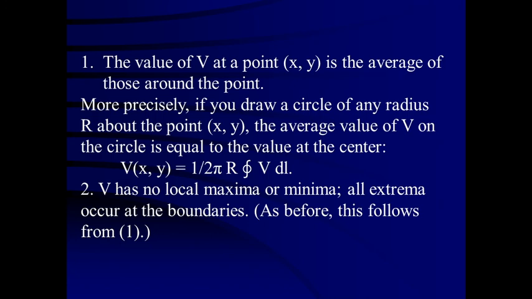The value of V at a point x, y is the average of those around that point. More precisely, if you draw a circle of any radius r about the point x, y, the average value of V on the circle is equal to the value at the center. That means V(x,y) is equal to 1 upon 2 pi r, that is the circumference, times the closed line integral of V dl. And the second conclusion, again, is that we have no local maxima or minima. All extrema occur at the boundaries only.